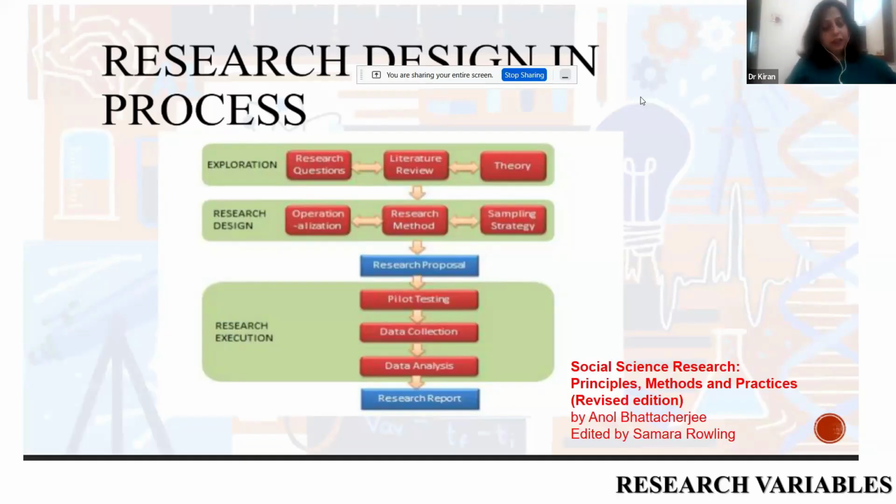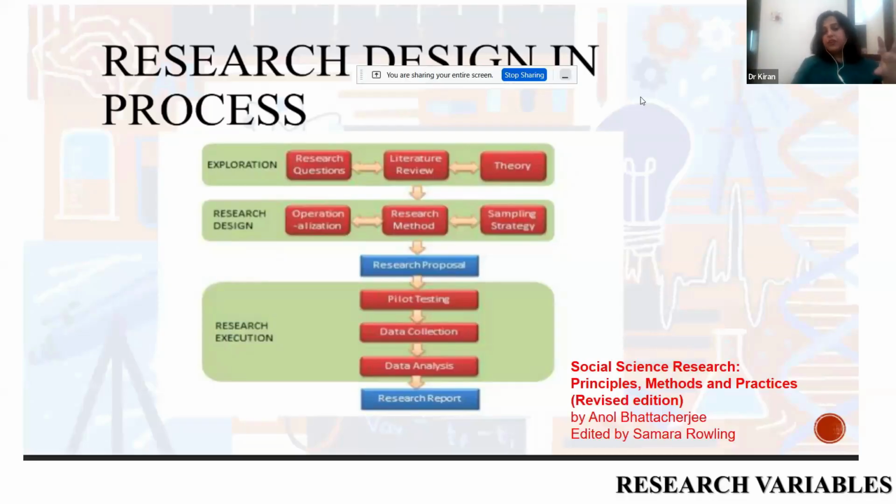So when we talk about operationalization as such, the variables, be it any type of variable, which we will see in upcoming slides, either abstract or concrete, have to be put into certain measure. They have to be indicated by some sort of context.